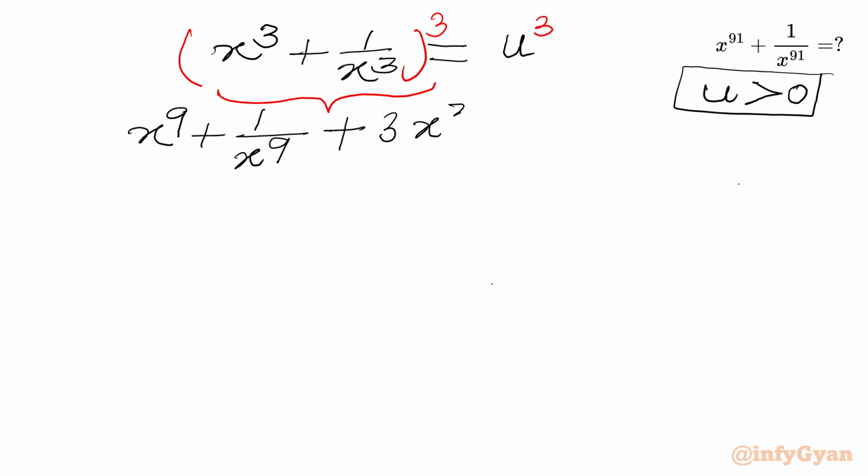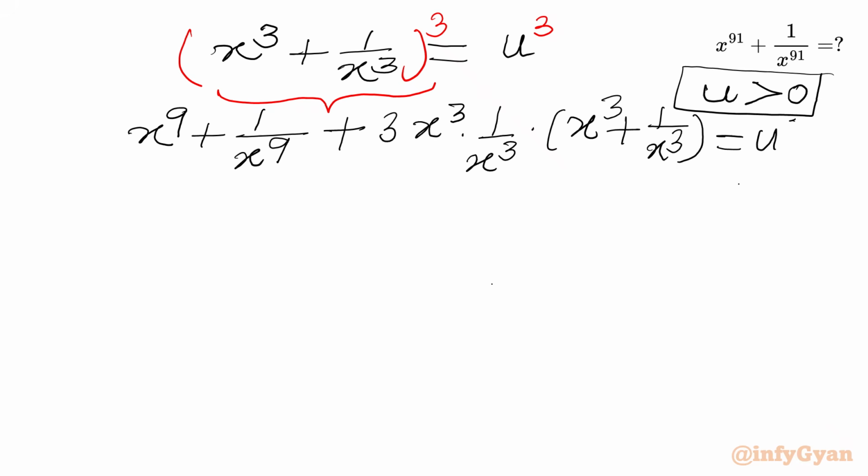x cube times 1 over x cube times x cube plus 1 over x cube equal to u cube. Now we will cancel x cube from numerator and denominator. Here we will write 2. So we can write 2 plus, and x cube plus 1 over x cube is u.